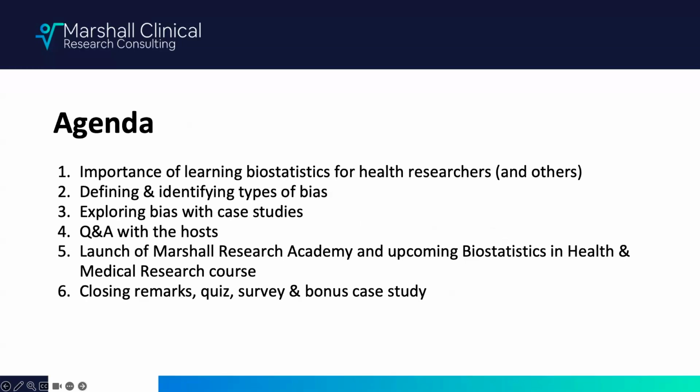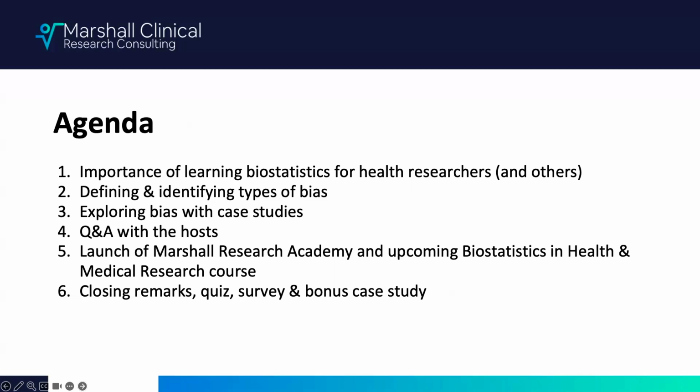For our agenda today, we'll talk about initially why it's important to learn biostatistics. We'll talk about defining and identifying different types of bias in quantitative research. We'll talk about exploring some bias with a few case studies with our experts here. We'll do a Q&A, and then we'll talk a little bit at the end about the launch of our new research academy and upcoming biostatistics and health and medical research course.